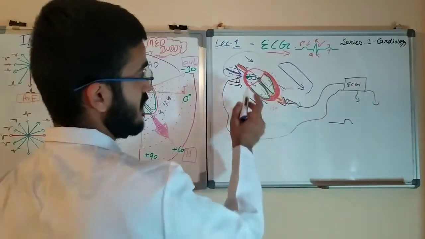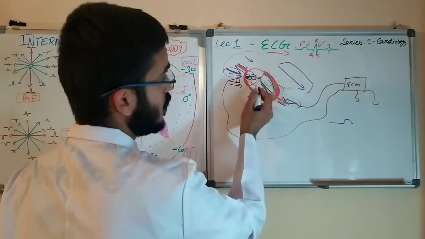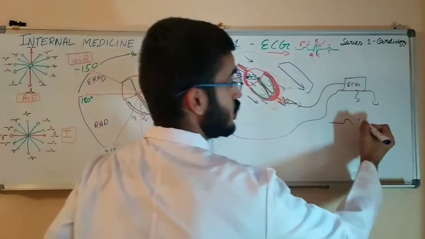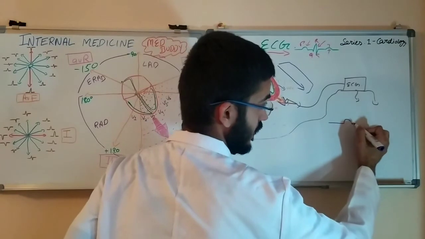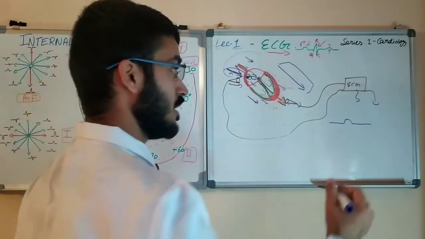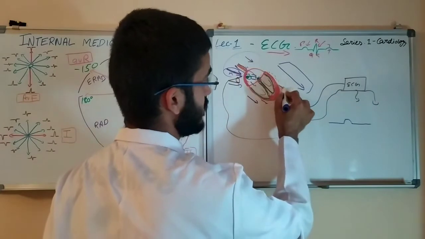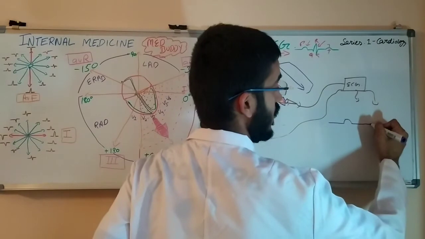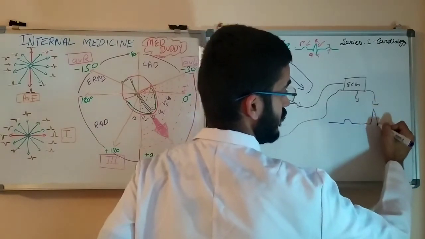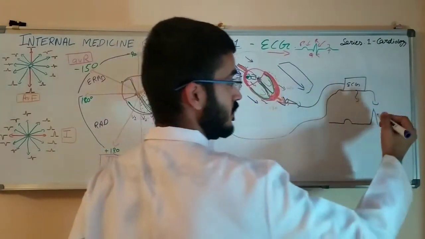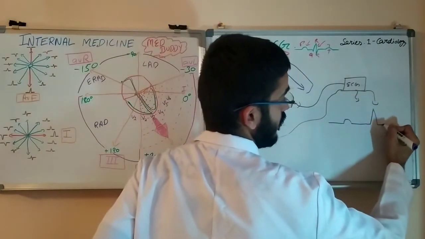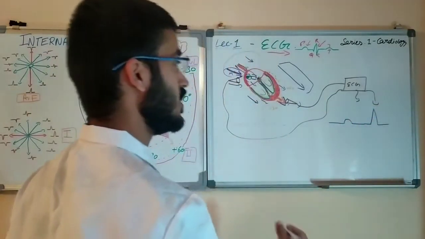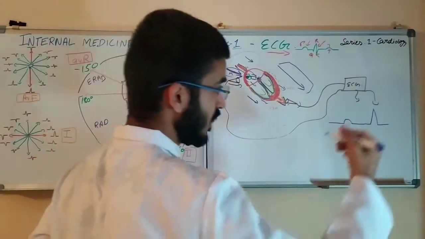It takes time for the current vector to reach from here to here and stimulate all this myocardium, so there will be a time lapse, that is going to be this. Then the largest myocardium is going to produce another vector, again positive, which means towards the direction of this lead, and with a large magnitude. The amplitude of this wave is the magnitude of this vector produced by the heart.